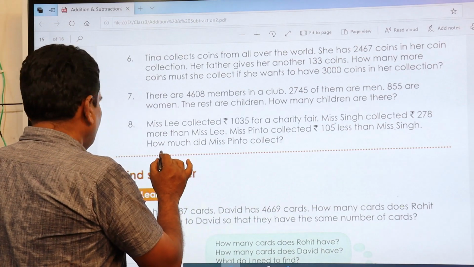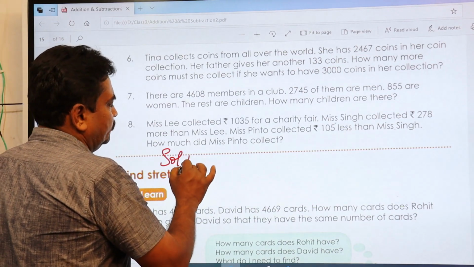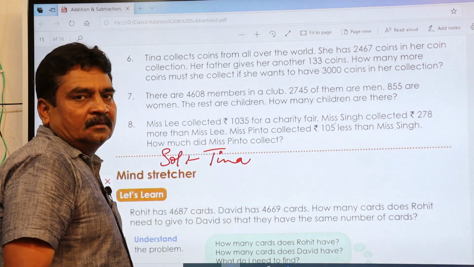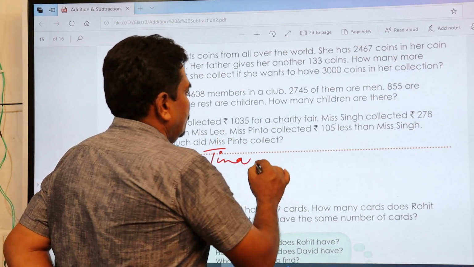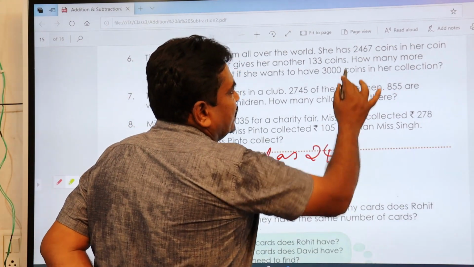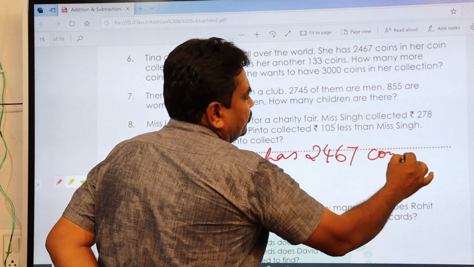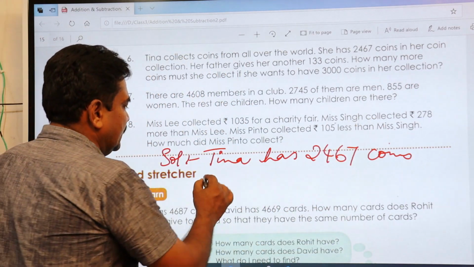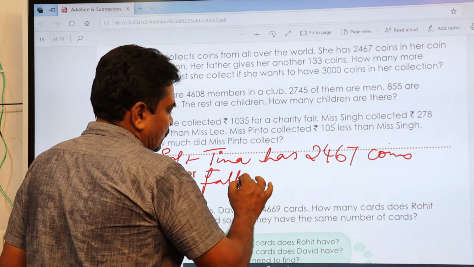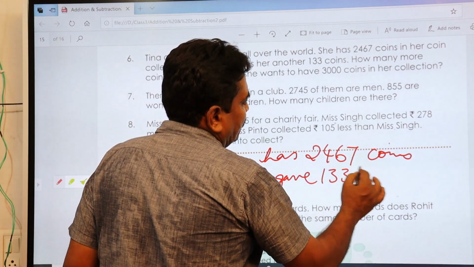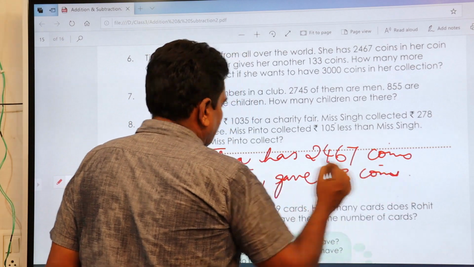Solution, write down solution. Tina has how many coins? 2467 coins. And father gave how much? Father gave 133 coins.